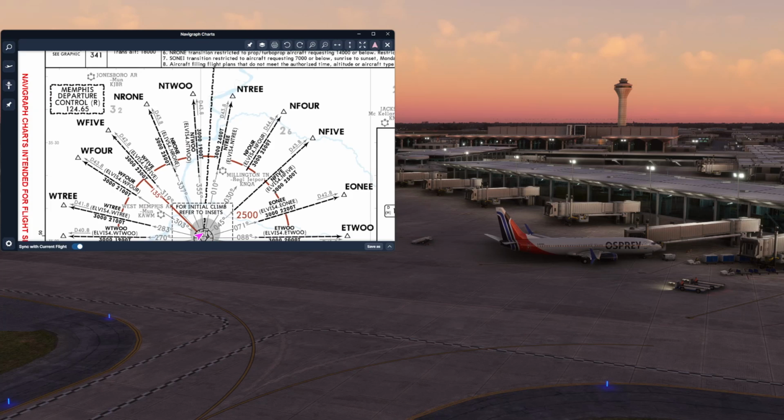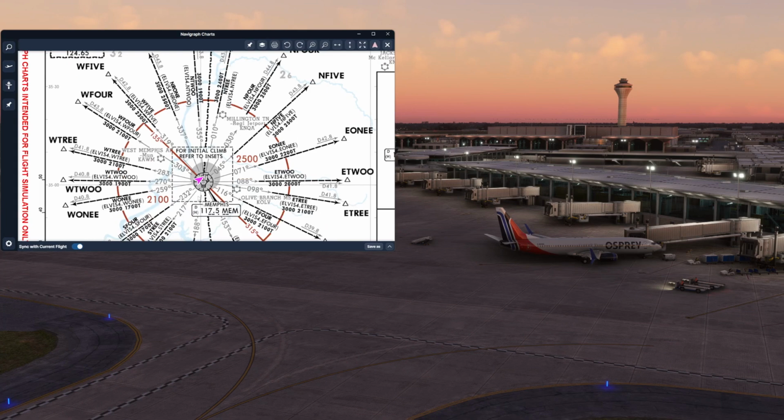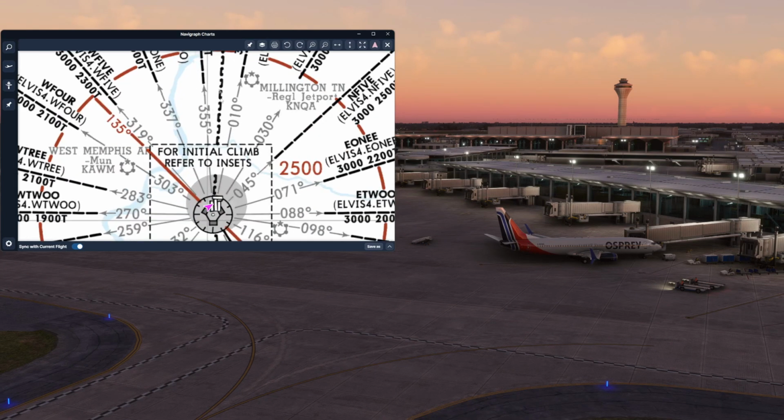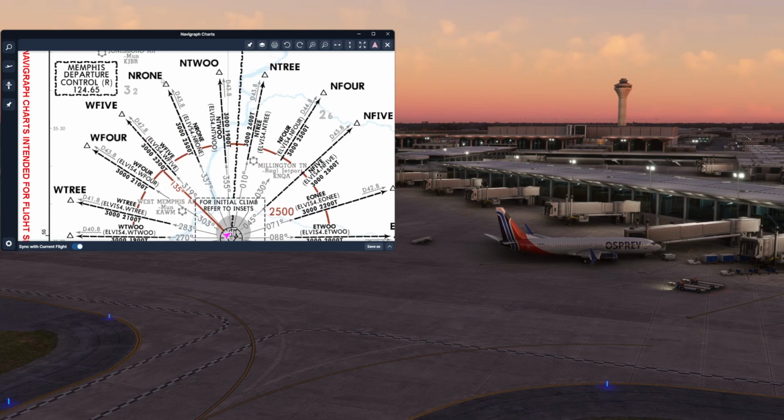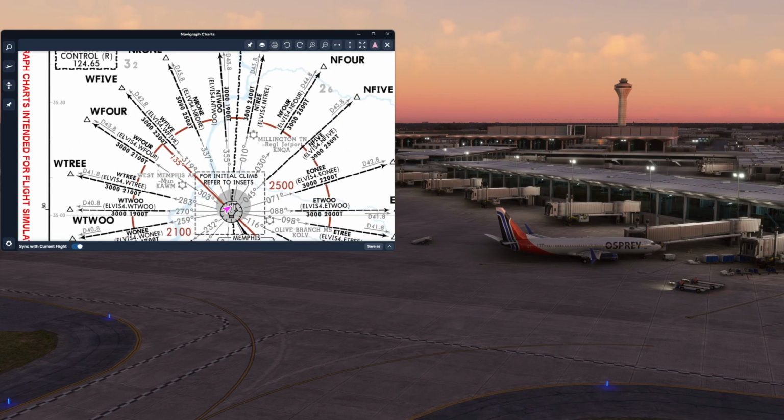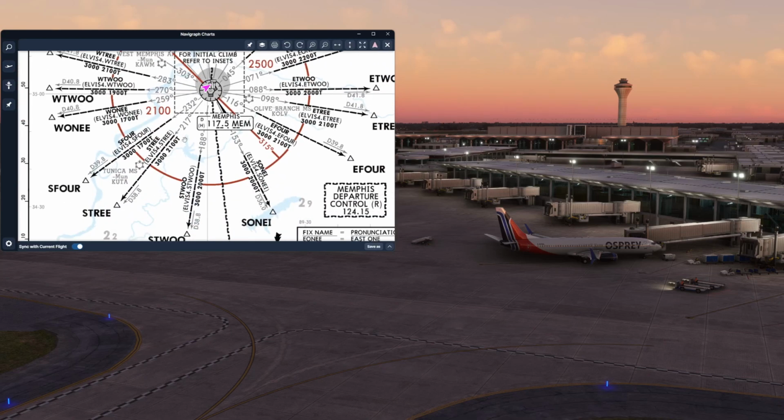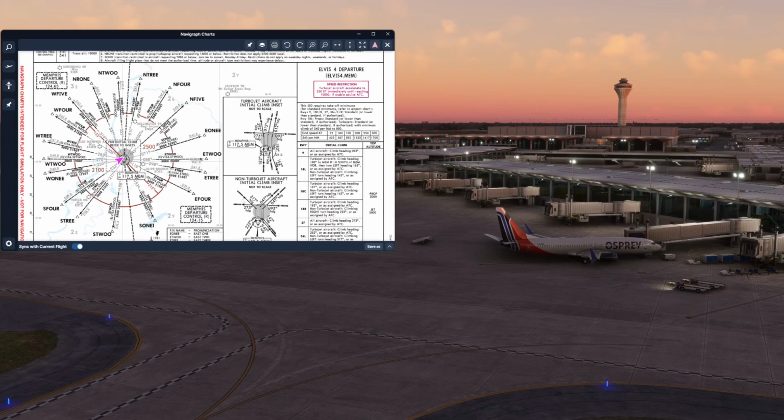And you would then vector yourselves initially to the outbound radial for the Memphis VOR in relation to this. That's what these little grey lines are. And then you would fly out towards the particular waypoint that you were going to use on your route.